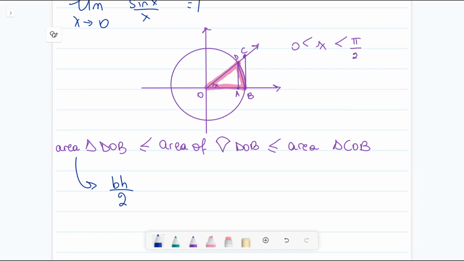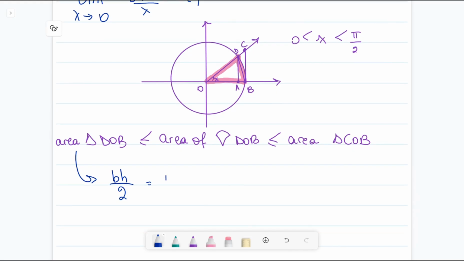Now the base of the triangle OB is the radius, because B is on the circle and O is the center. And this we will suppose is a unit circle, so the radius is 1. So the base is 1. So now the area is 1 times height over 2, or we can say just height over 2.